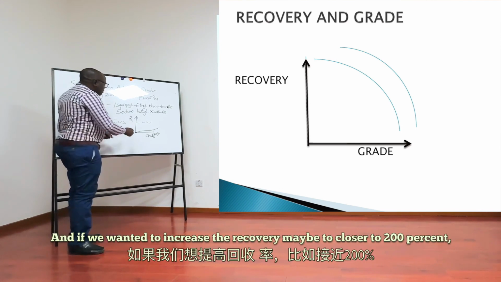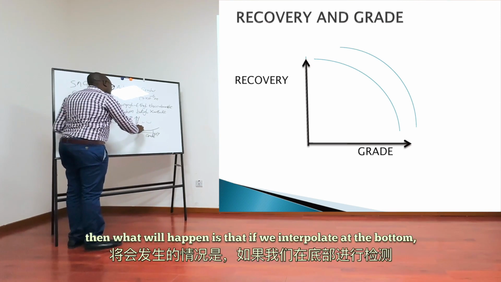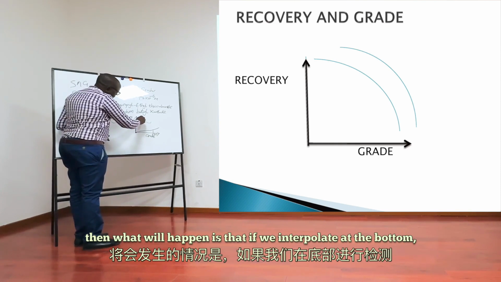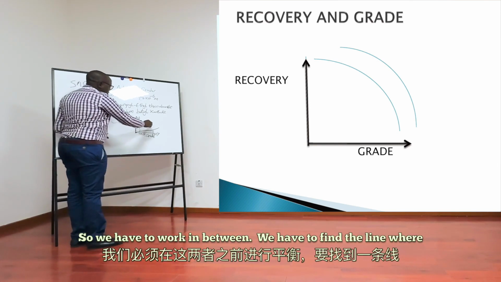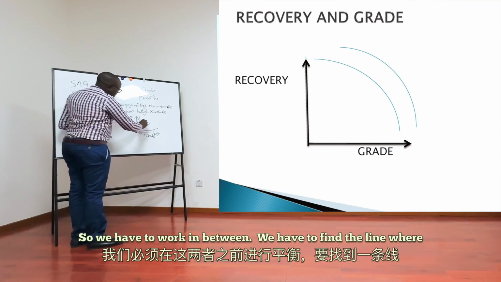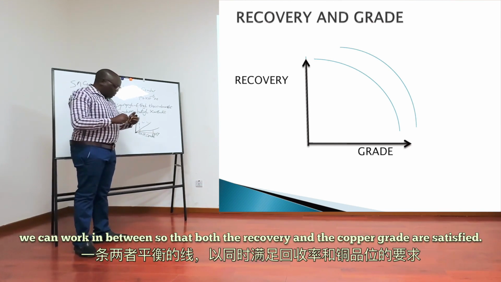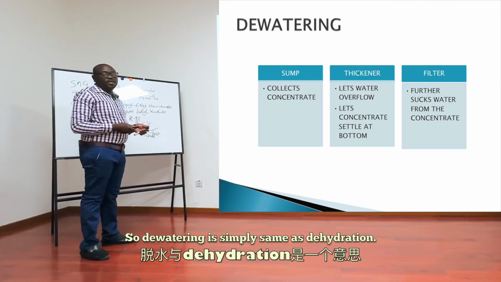And if we wanted to increase the recovery closer to 100%, then the grade will become very low. So we have to work in between. We have to find the line where we can work so that both the recovery and the copper grade are satisfied.